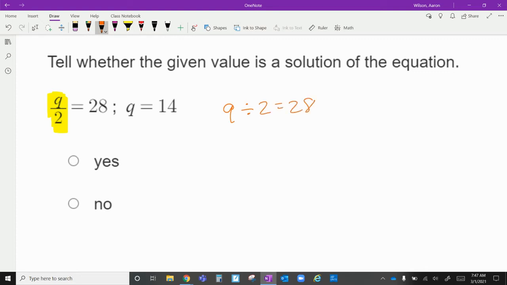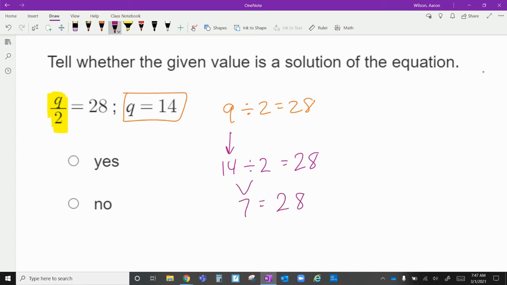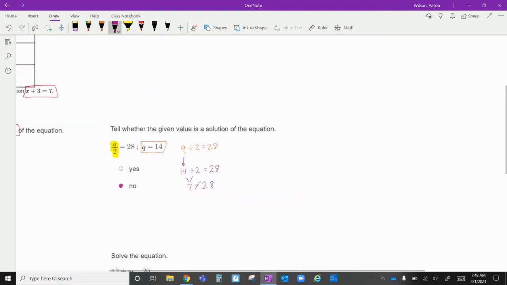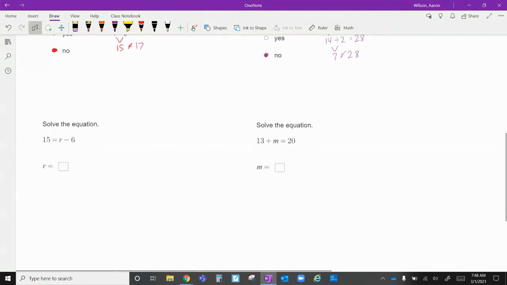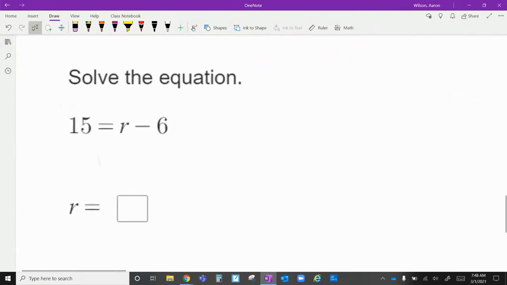The value they're telling us is q equals 14. I take 14 and put it in place of the q. What is 14 divided by 2? It happens to be 7. Is 7 equal to 28? No, it is not. So again, not a solution.